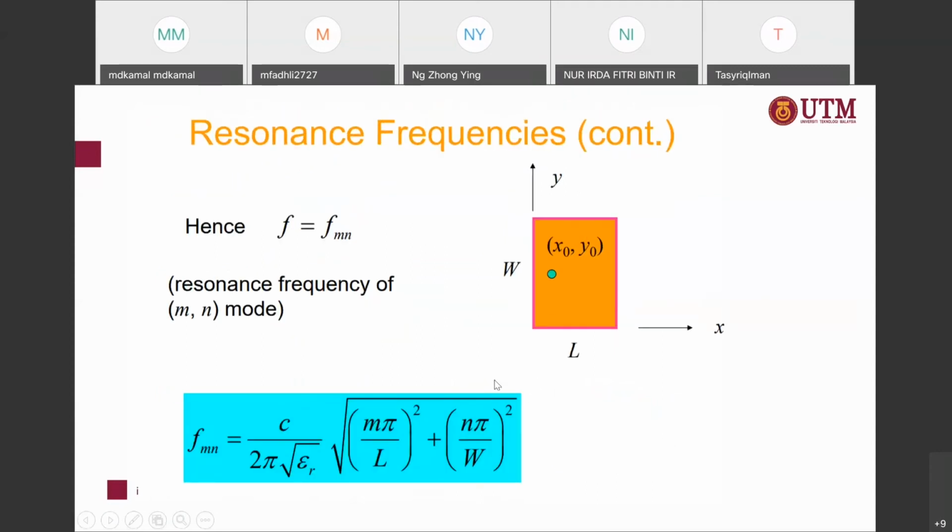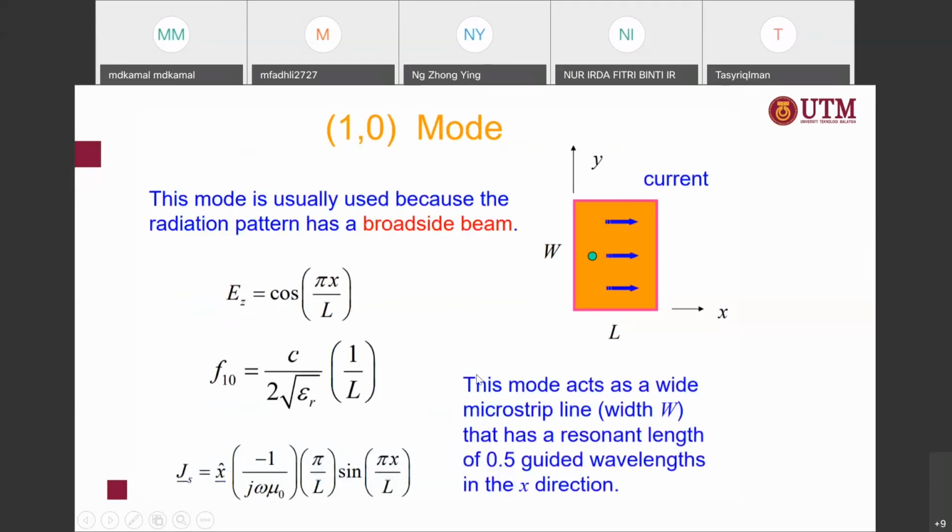The resonance is equal to this, where they use the cavity of the waveguide models. In this case, M is the mode number, N is the mode number as well, mn. L is the length of the resonance, W is the width of this particular patch antenna.